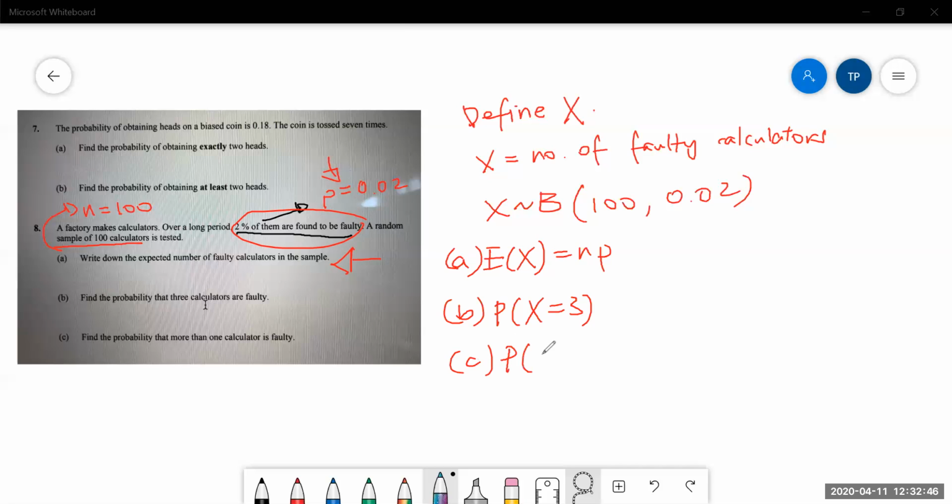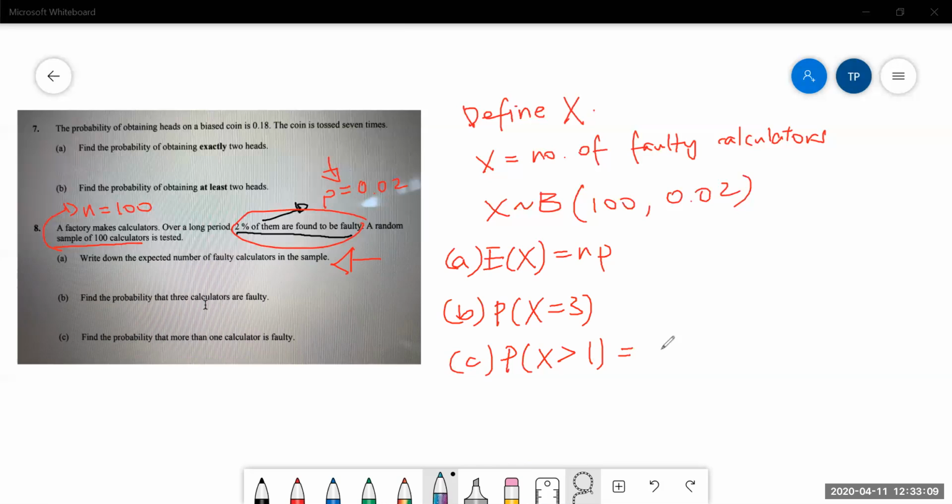For part C, probability of X is more than 1. Not more than or equal to 1, more than 1. So this one is very easy to find, right? What's your lower bound? 2.